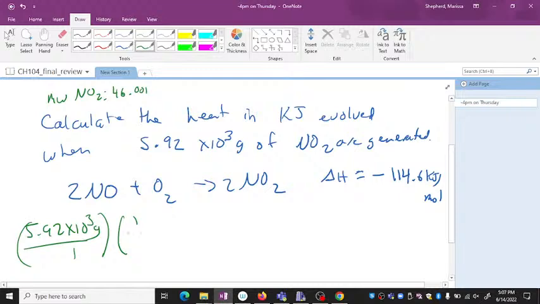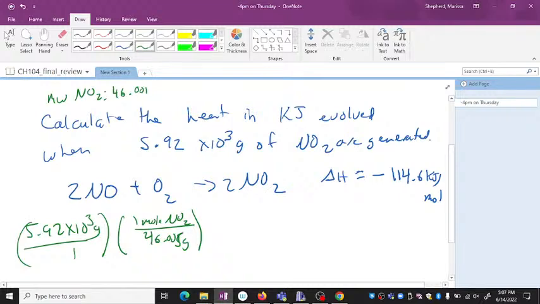So we said let's divide, so 1 mole NO2, 46.001 grams. Doesn't matter too much.